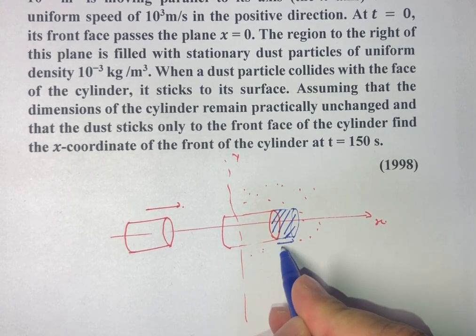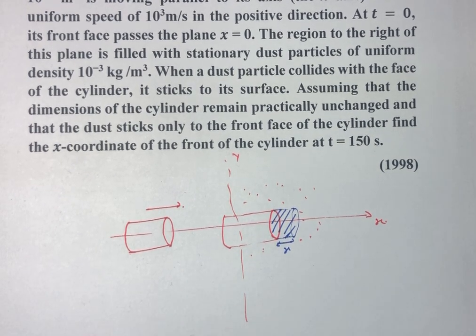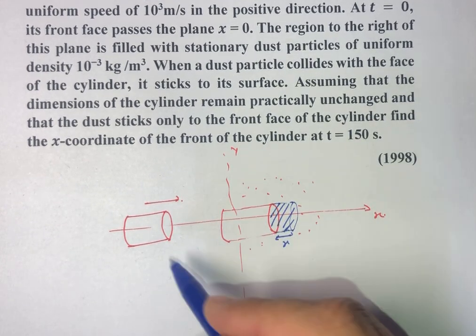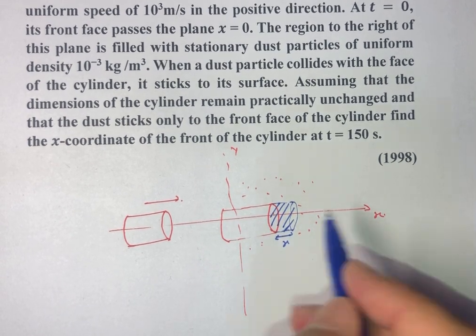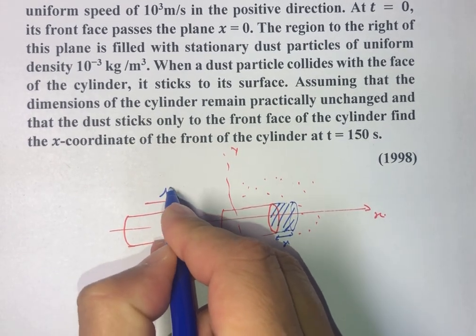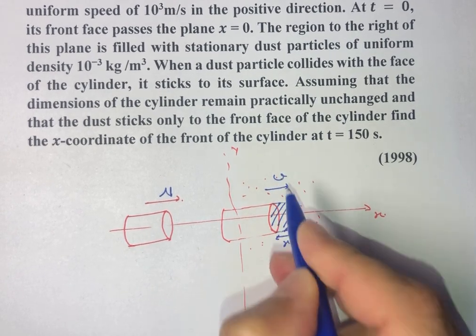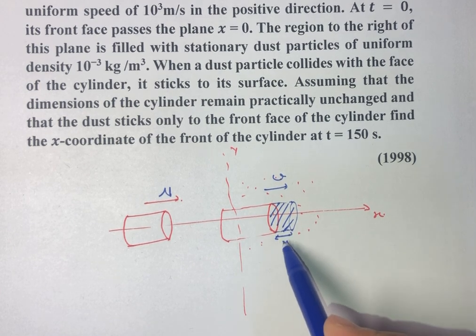Let this thickness be denoted by x. Before coming in contact with the dust, let us suppose its velocity is u, and here it is moving with the velocity v. Now the velocity of the cylinder and the dust particles will be the same.